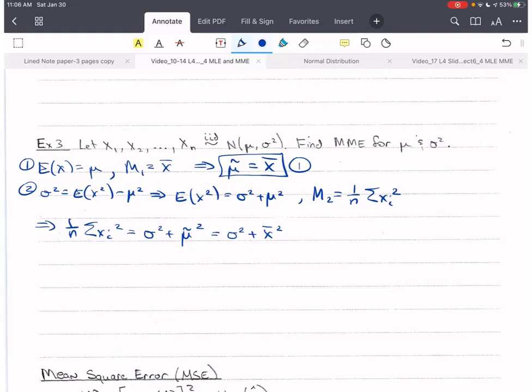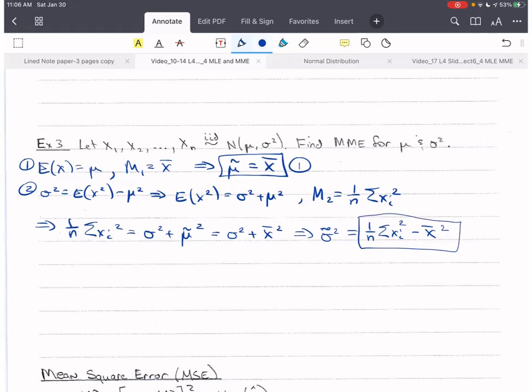And now we only have sigma squared by itself, in only one term, so we just solve for sigma squared. Sigma squared is equal to 1 over n sum of xi squared minus x bar squared, and this is our MME.